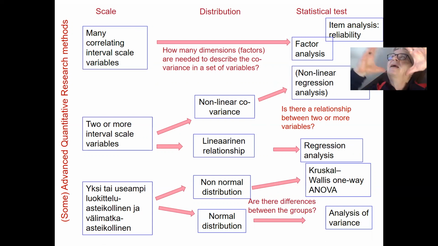So can we compress this into just one factor, one dimension, or do we have to have many dimensions to explain the variance of these variables? For this, we typically use the factor analysis, but it's connected with what we do with the item analysis package as well in SPSS, where we can check the reliability of the scales we are using on the test.